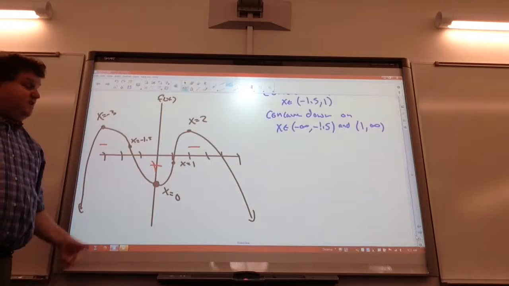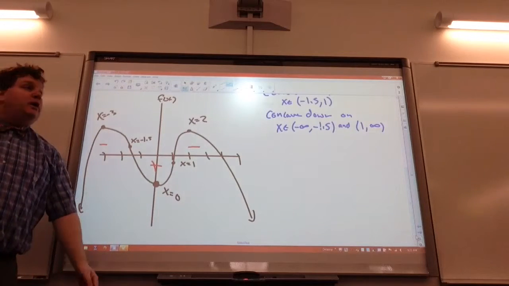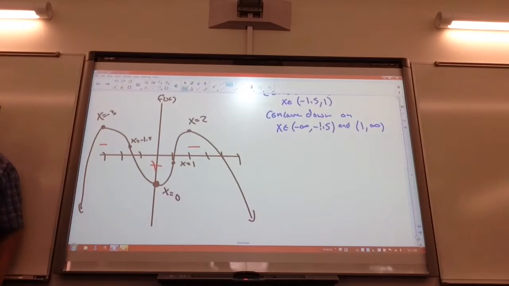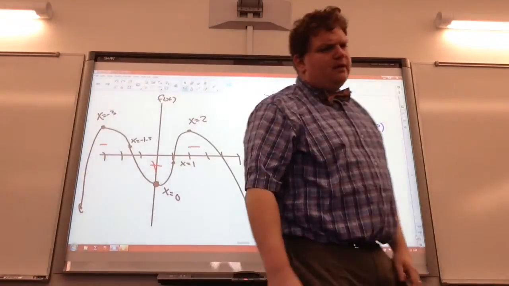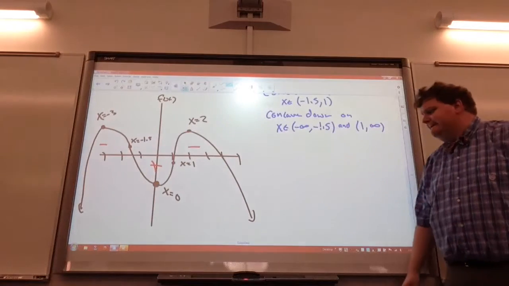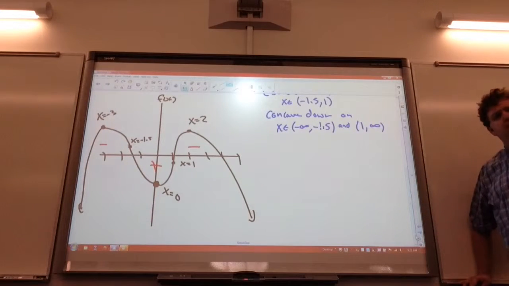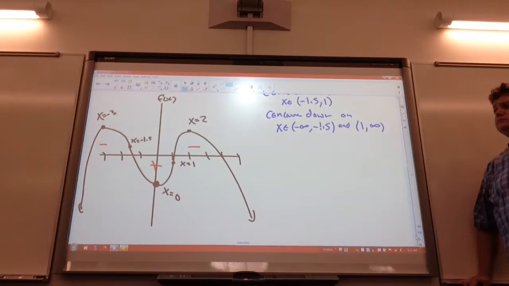This tells us basically what we should expect from f of x. Everyone understand that? So I should expect f of x to look kind of like an M. What if the point x equals 0 was above y equals 0?